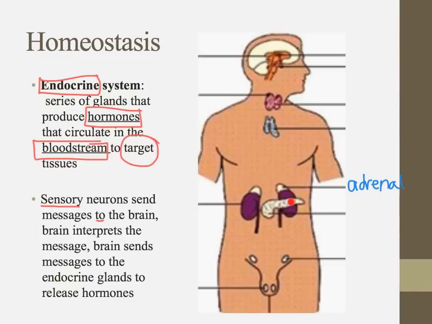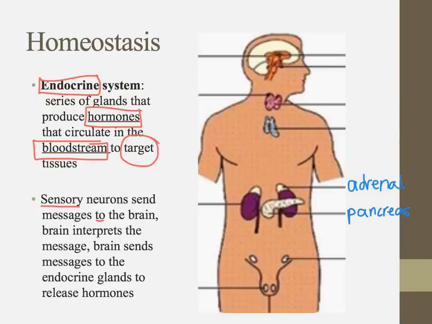And this guy, of course, you know from our study on the digestive system, this is the pancreas. So the pancreas does double duty. It secretes digestive enzymes through exocrine glands, those go through a duct, but it also secretes hormones because it has endocrine glands or cells as well.